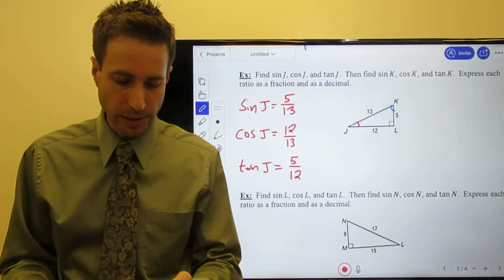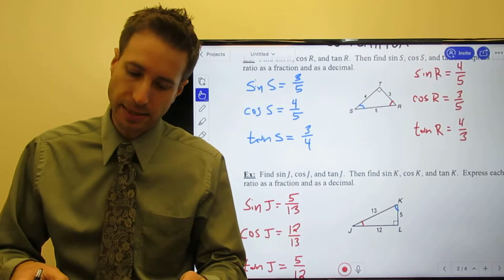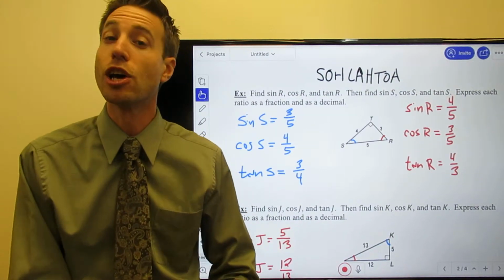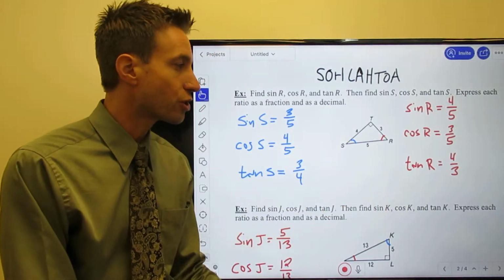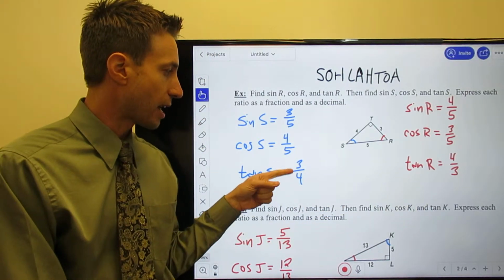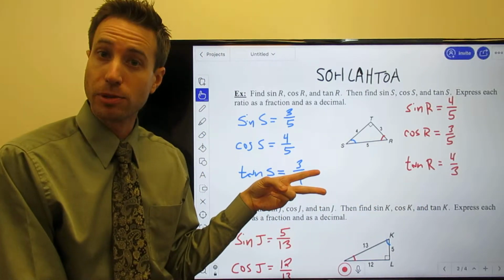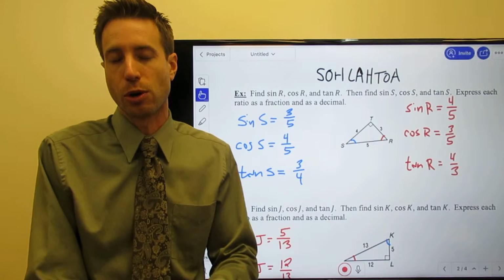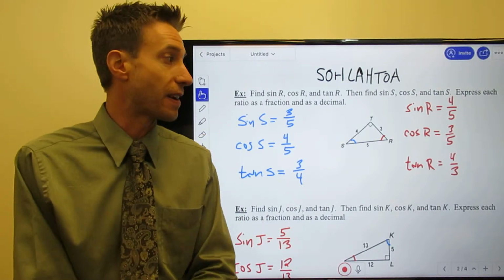but I do want to point out something to you here. I mentioned it for tangent in the last set of notes. You'll notice that the tangent functions for the acute angles are just inverses of each other. Tangent S, 3 over 4. Tangent R, 4 over 3. It just flips, right? Wouldn't it be nice if cosine and sine did the same thing? They don't, but they still do something that's really very interesting.